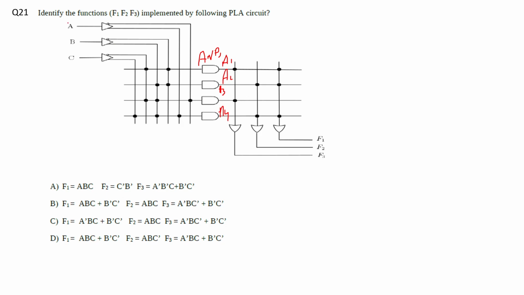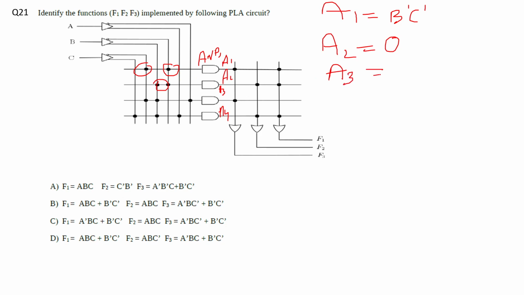So A1 is this term, that is C complement times B complement. So it's B complement C complement. A2 is this thing, B complement times B, so that is 0.